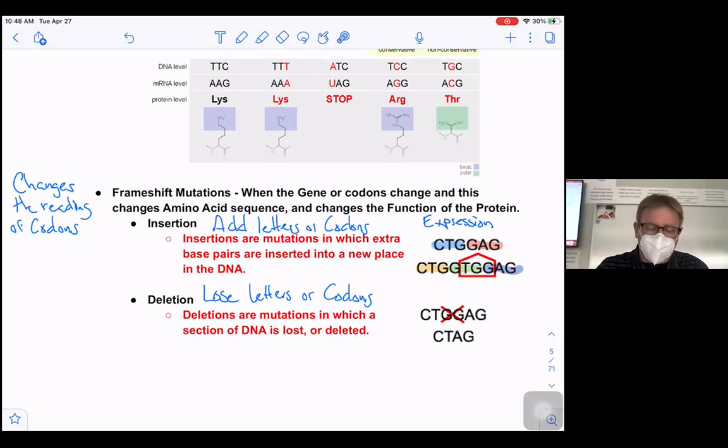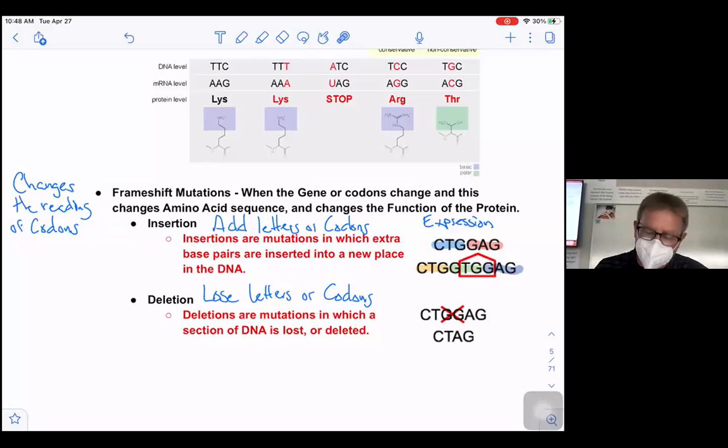When we talk about a frame shift mutation, if we're going to be changing the way that the codon is read, we can do that through two different ways. We can either do that by an insertion, where we are adding letters or codons into the sequence, or we can do it through deletion, where we're losing letters or codons from the sequence.